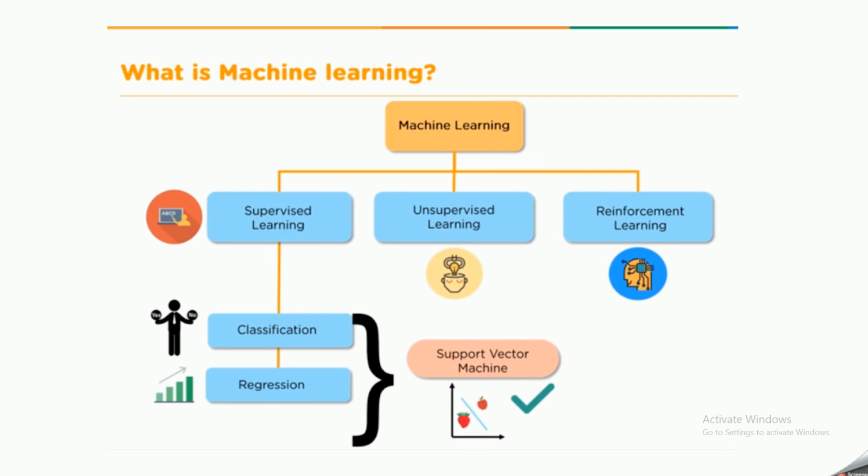In particular, SVM is used for classification. So don't get confused. SVM is not a machine learning technique. It is used in one of the machine learning techniques, which is classification, under the category of supervised learning.